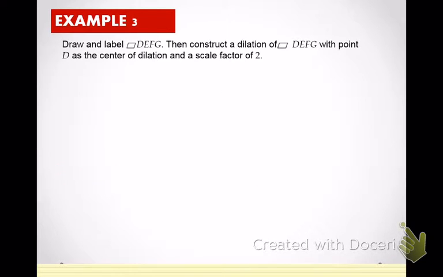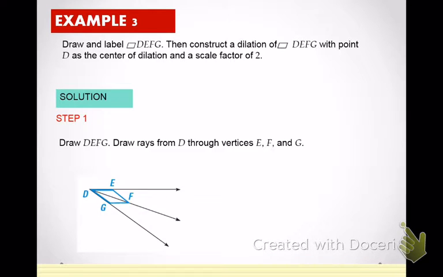All right, now, it says draw labels D, G, F, then construct a dilation of DEFG with point D as the center of dilation and a scale factor of 2. So how you're going to do this, we take the original figure. I think you have it in your notes, right?